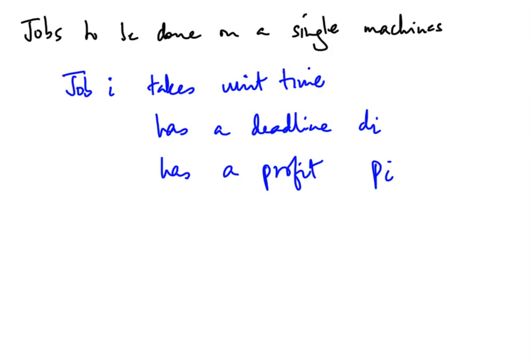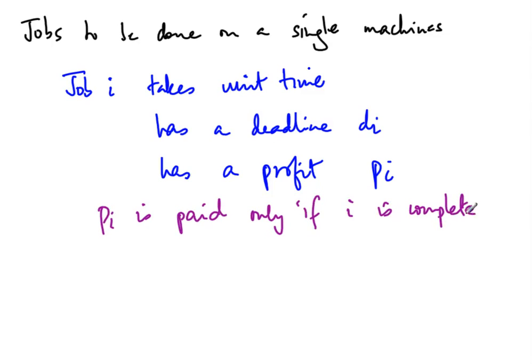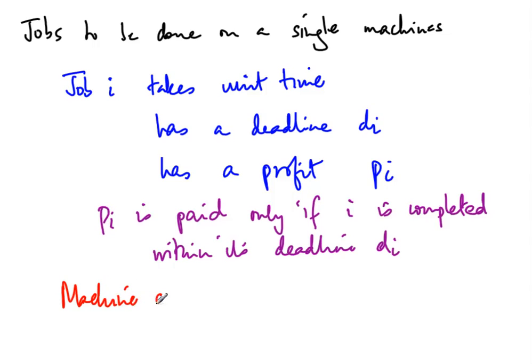And of course, the profit is paid only if job i is completed before di, so within its deadline. And of course, the constraint on the machine is that the machine can only do one job at a time.